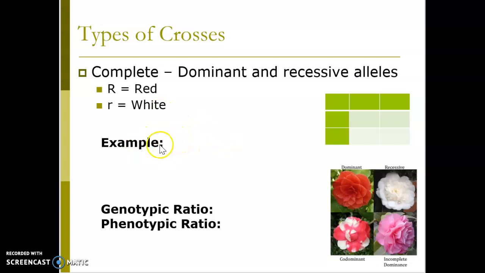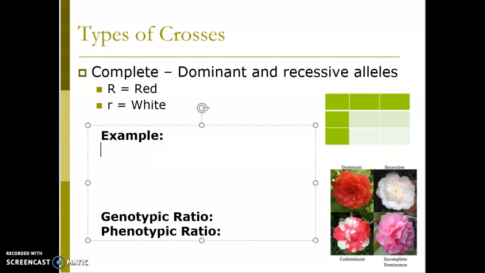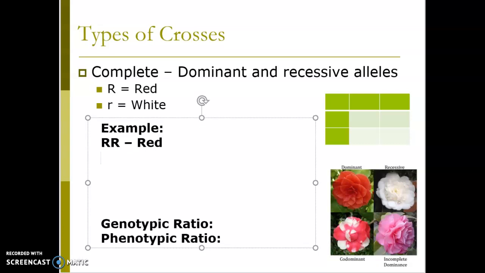So let's go ahead and do an example here. I'm going to click on here, and we're going to say what color these guys are. If you had a genotype big R big R, then in complete dominance, your flower would be red, okay? If you had big R, little r, that big R is going to completely cover up that recessive trait, and your flower is also going to be red.